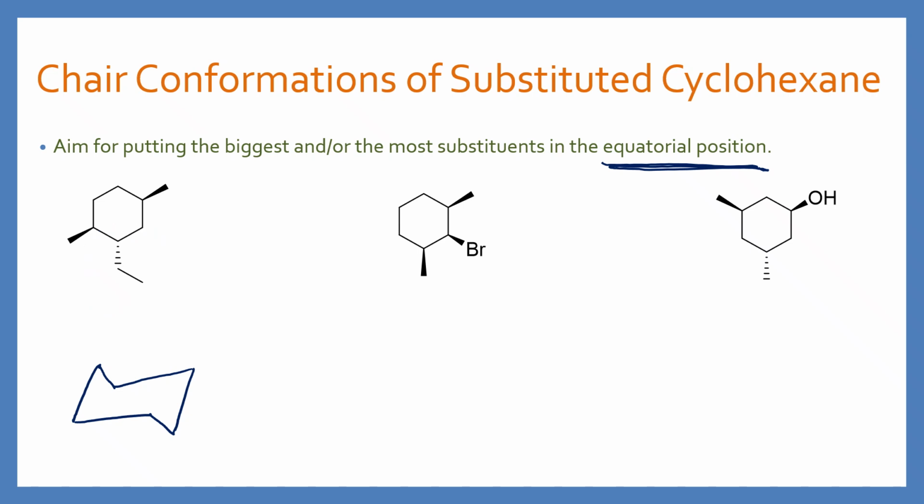So I'd actually say it's kind of a toss-up with this example, whether the methyl group or the two methyls should actually be in the equatorial position. But let's go ahead and put the ethyl group in the equatorial position. So I'm going to look for a carbon that has an equatorial down position. So that would be this one, or this one. So let's put it here.